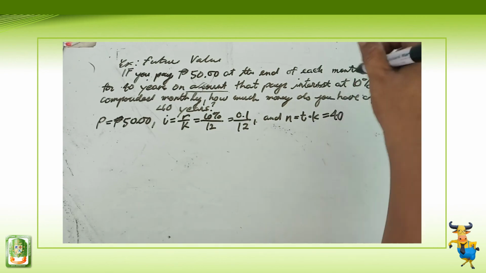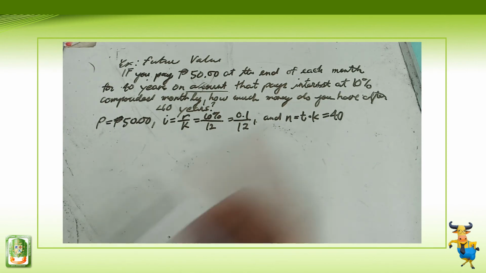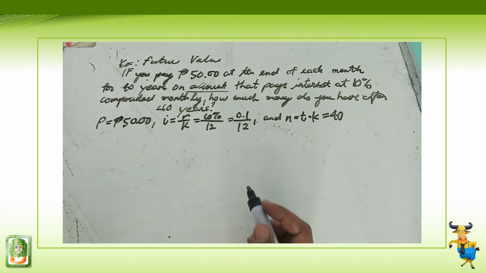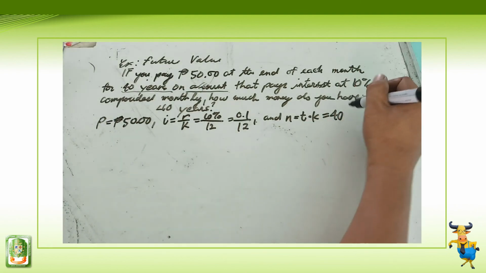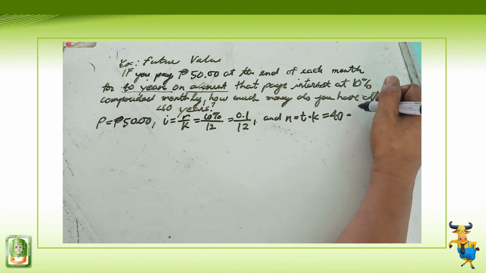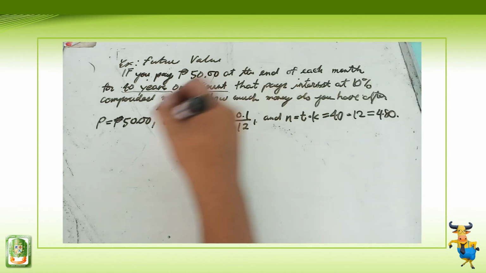Kukunin mo yung time times 40 years kasi yung ating total number of conversion periods. Sabi daw kasi dito, in 40 years, kaya 40, times 12 months in 1 year, so it's equal to 480.